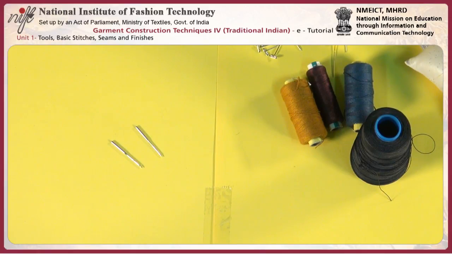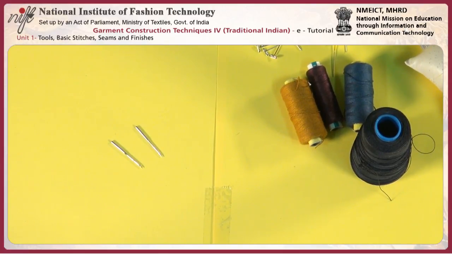The slim point needle is used for thinner fabrics, and the straight point needle will be used for heavier fabric. You should buy the needle according to the numbering system and the code system which is briefed in the machine.